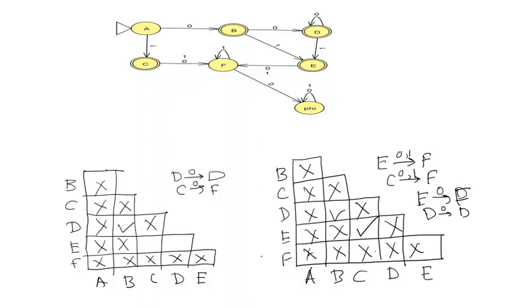Now we check for C and E. From E taking 0 goes to F, and from C taking 0 goes to F, so we mark it as an indistinguishable state.